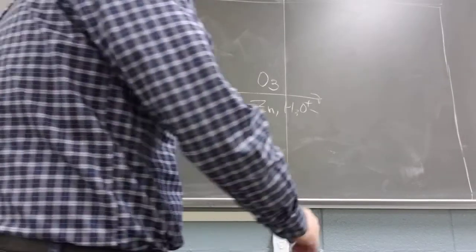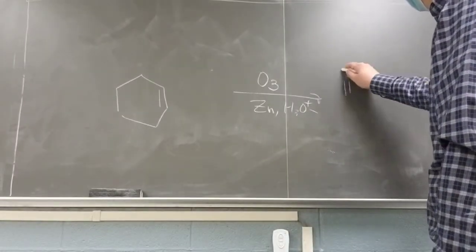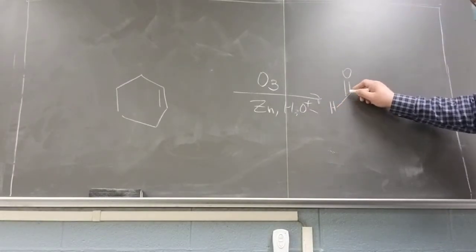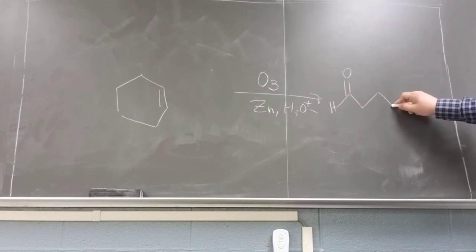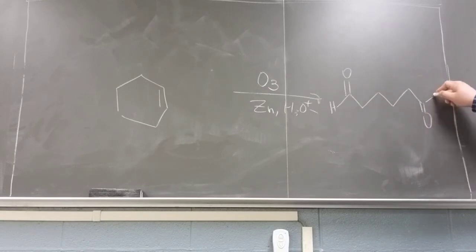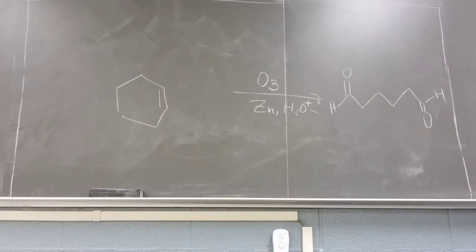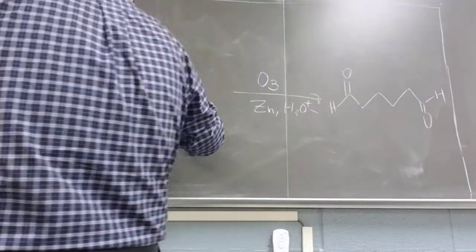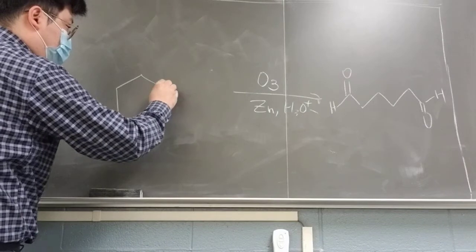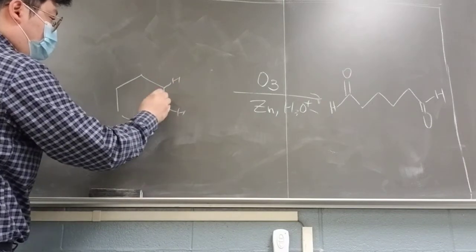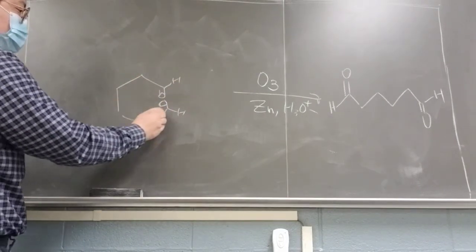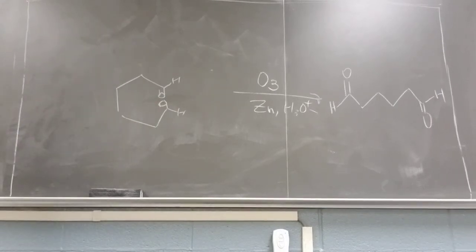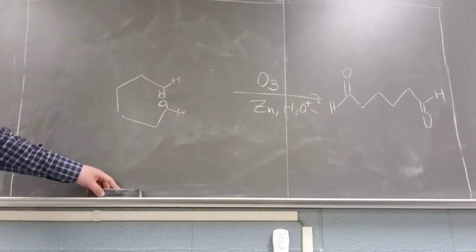Okay, so 1, 2, 3, 4, 5, 6, right? Okay, so break this one. O, O. There's an obvious hydrogen, right? 1, 2, 3, 4, 5, 6. Okay. Makes sense, right?